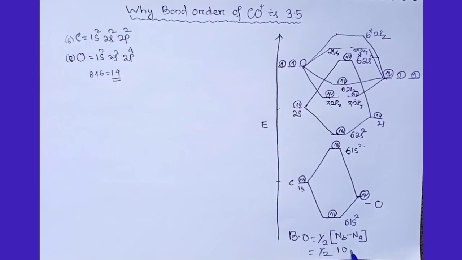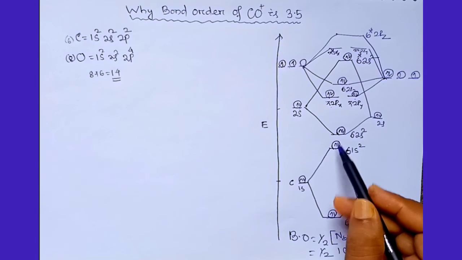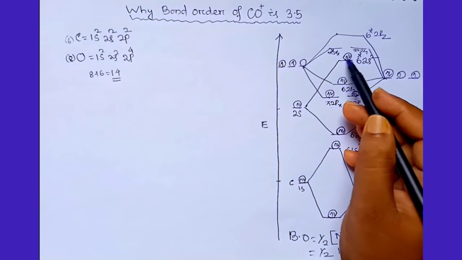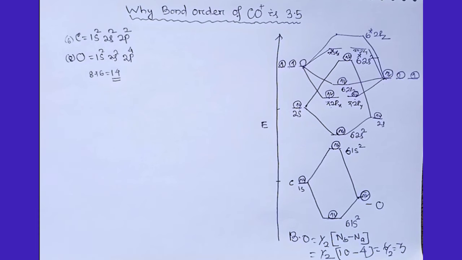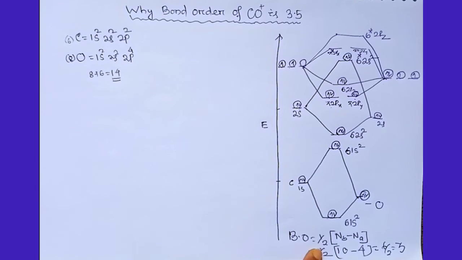So 10 minus the number of electrons in the anti-bonding molecular orbitals, 1 2 3 4. So 4, equal to 6 divided by 2, is equal to 3. Are you getting my point? So this is the MOT diagram justifying that the bond order of CO is 3.